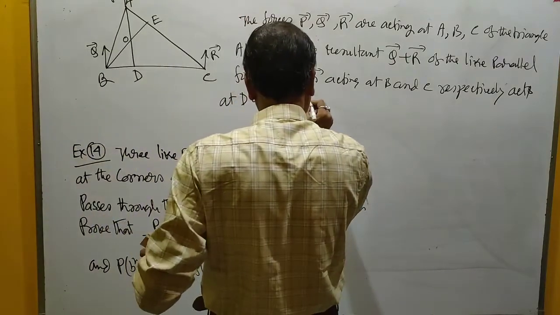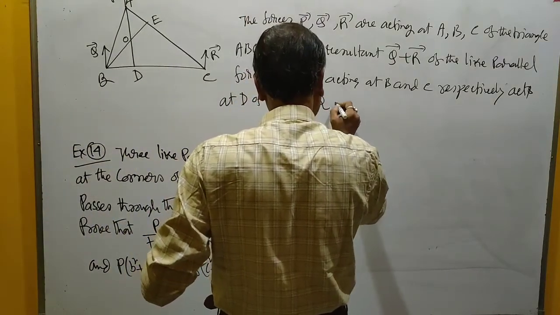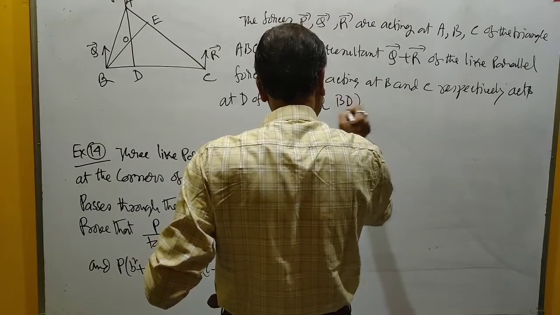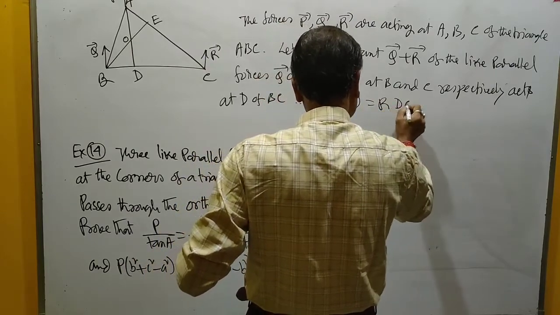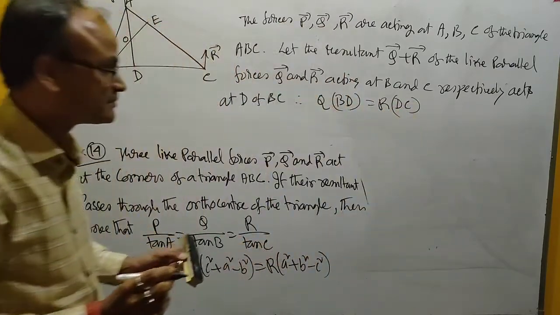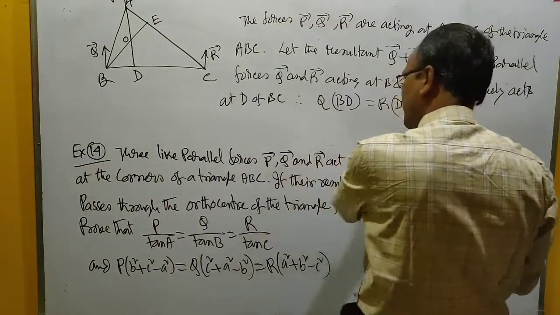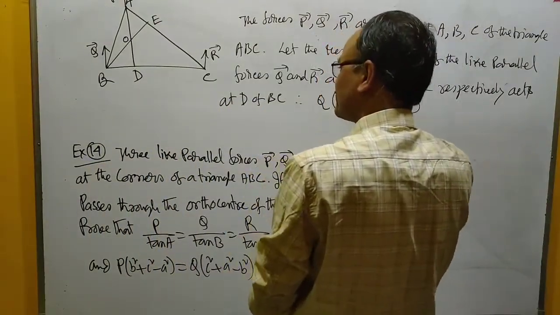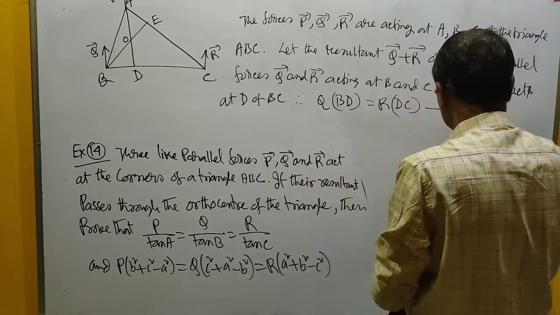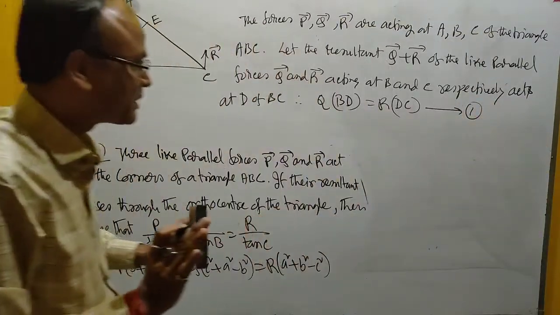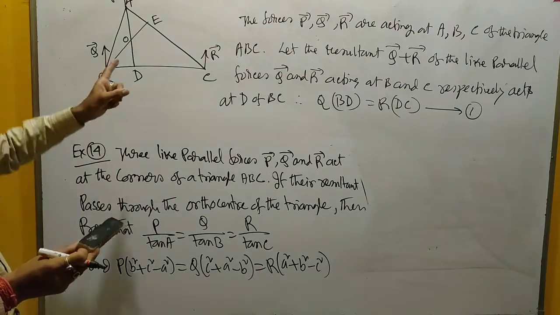Therefore, we must have Q into BD equal to R into DC. This is number one.